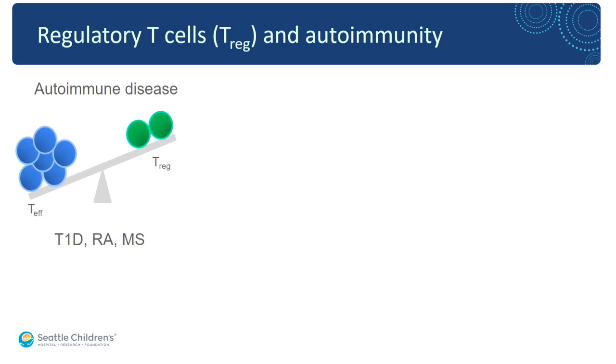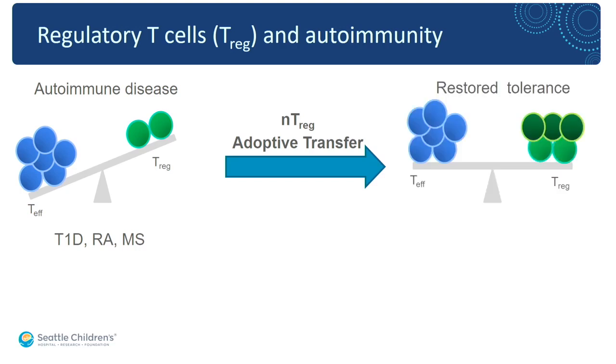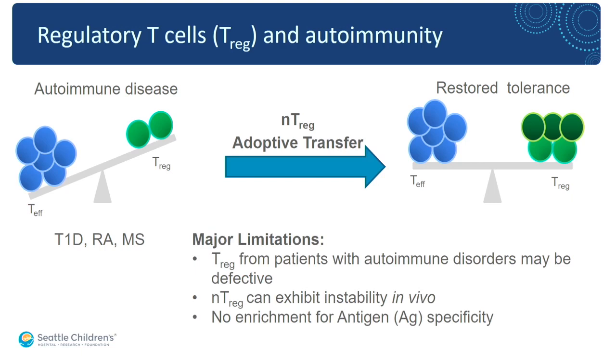This is true for type 1 diabetes, MS, and many other autoimmune diseases. In the last 10 years or so, using natural Tregs delivered into patients has begun to happen. The idea there is to try to restore tolerance by delivering a patient's own Tregs back into his body as an adoptive therapy. However, this approach has a number of limitations.